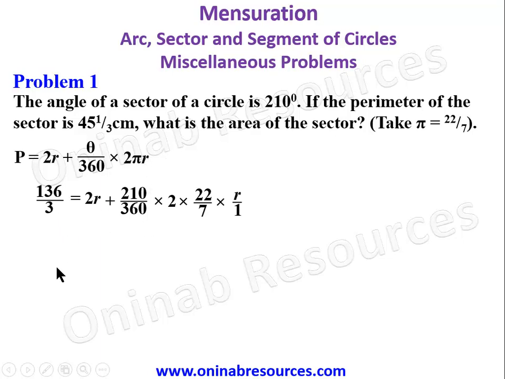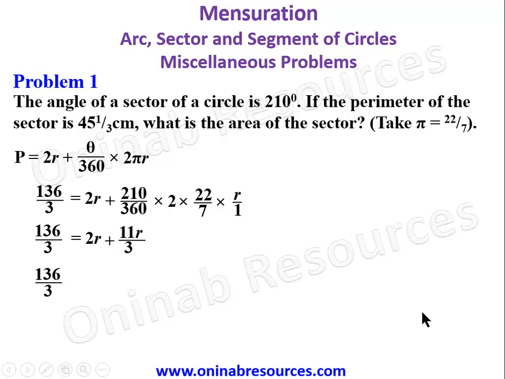So this 2r is maintained. Simplifying 210/360 times 2 times 22/7, if you press your calculator, it gives 11/3. So multiply by r gives 11/3 r.